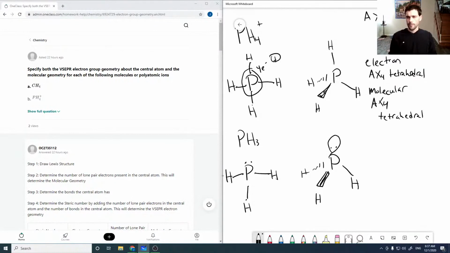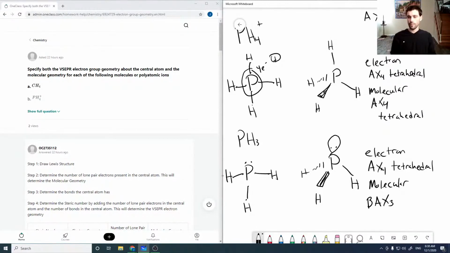Where now our electron geometry is still AX4 because we count our lone pairs in our electron geometry. So that's tetrahedral. But our molecular geometry, you might see different notations for this, but I'm going to use just a B for our lone pair, so BAX3.